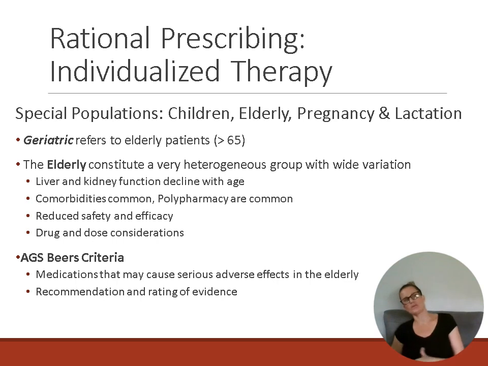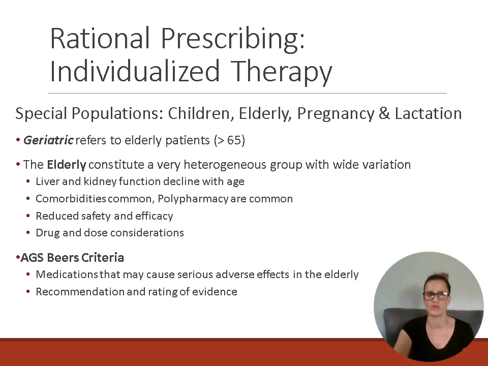As time goes on, our life expectancy is older and older. Patients are healthier for longer periods of time. So some sources have increased that definition from 65 years old to 70 years old. But in general, geriatric is referring to our elderly patients.